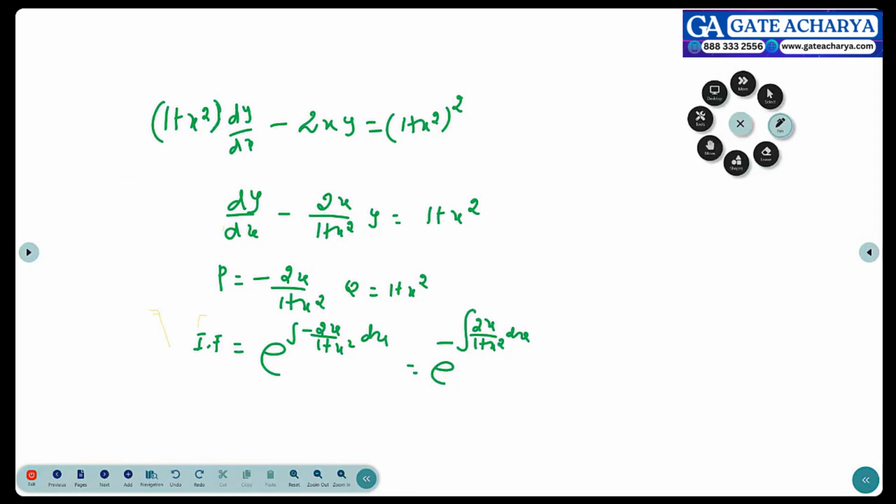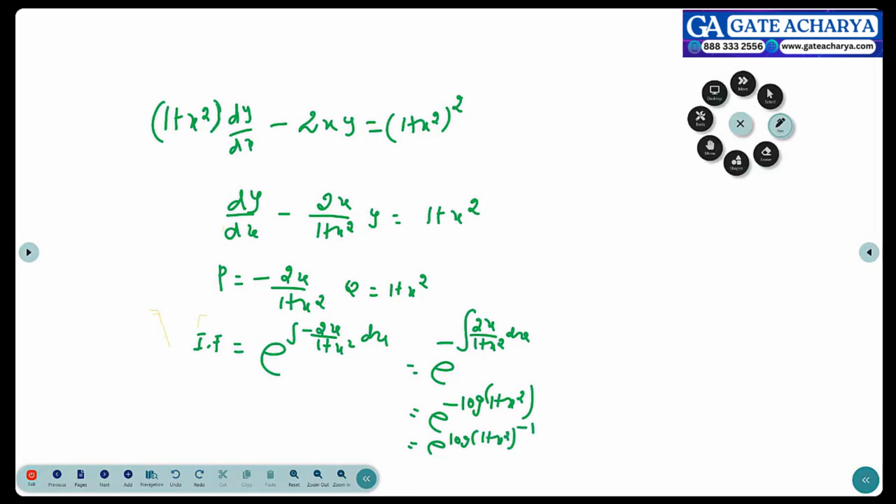The derivative of 1 plus x square is, derivative of 1 is constant, and a constant's derivative becomes 0. The derivative of x square is 2x. So if it is a numerator, then the integral is log of the denominator term. So it is e power minus log of 1 plus x square. If it is minus, then you take it against the power. So it is e power log of 1 plus x square, the whole power minus 1.